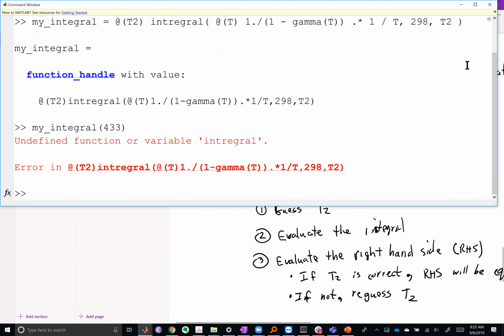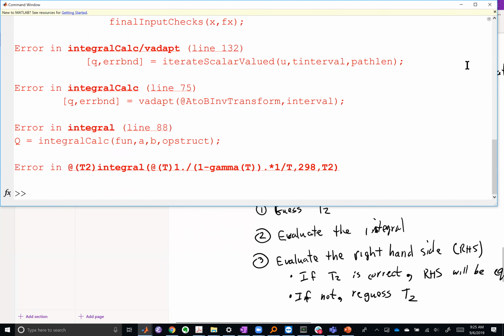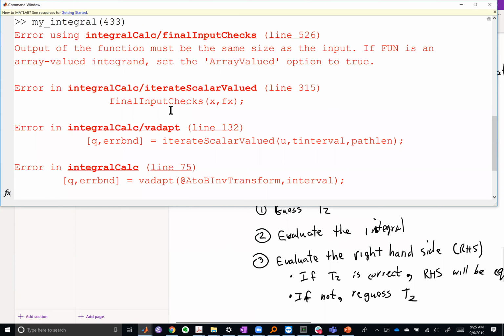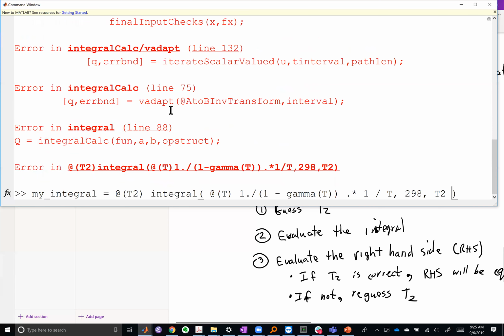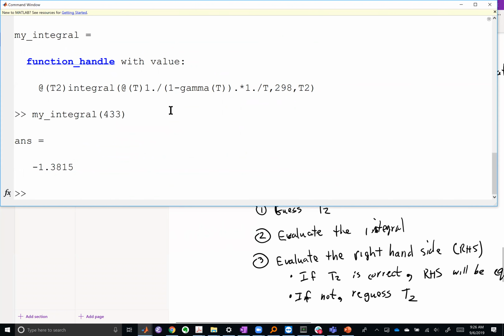I've got to spell integral right. One more time. There we go.